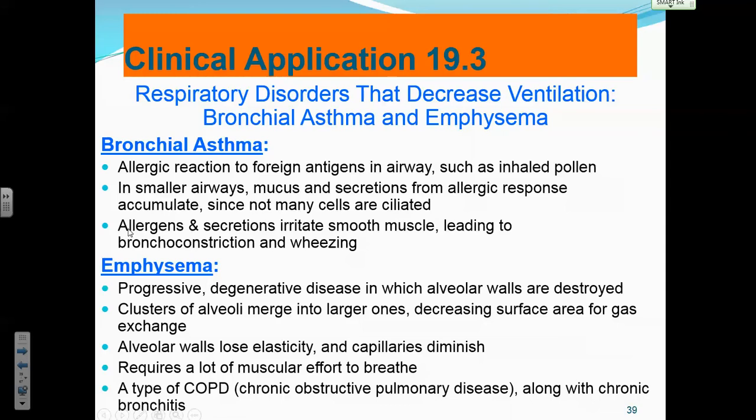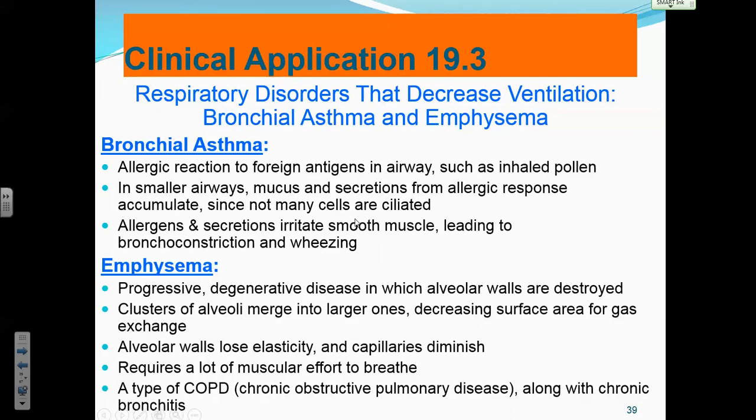Okay, then here's an example of some of these clinical applications, which I'm not going to test you on. But some of you may struggle with asthma, or you may know somebody who has asthma. I think basically what goes on with asthma is that the airways, the bronchial tubes, are too constricted, and so that limits how much air can move into the alveoli.